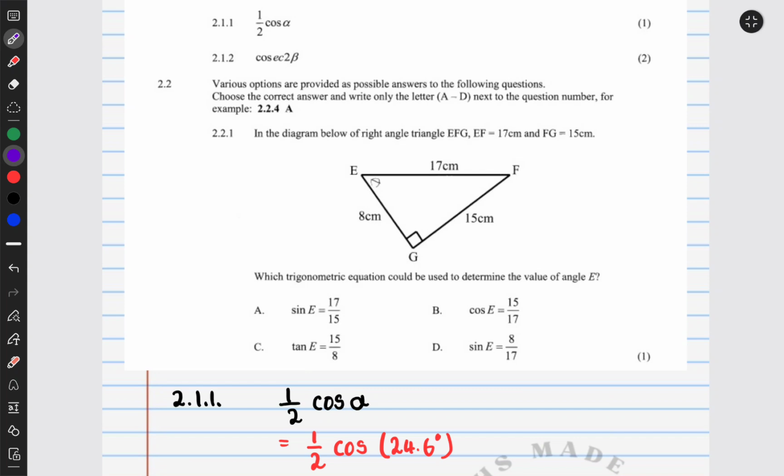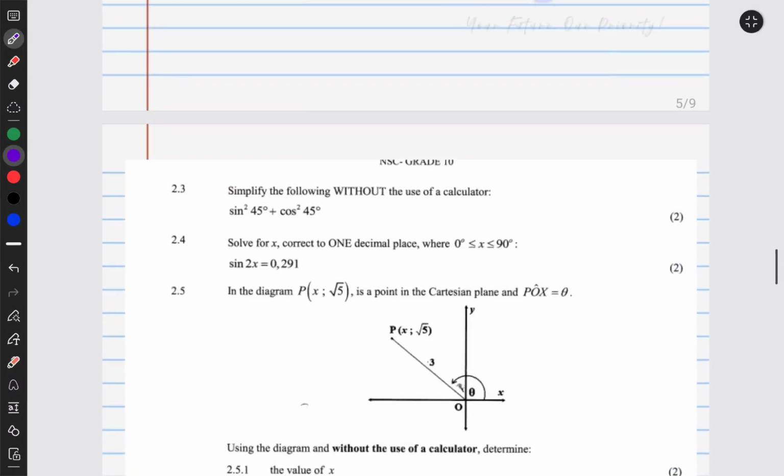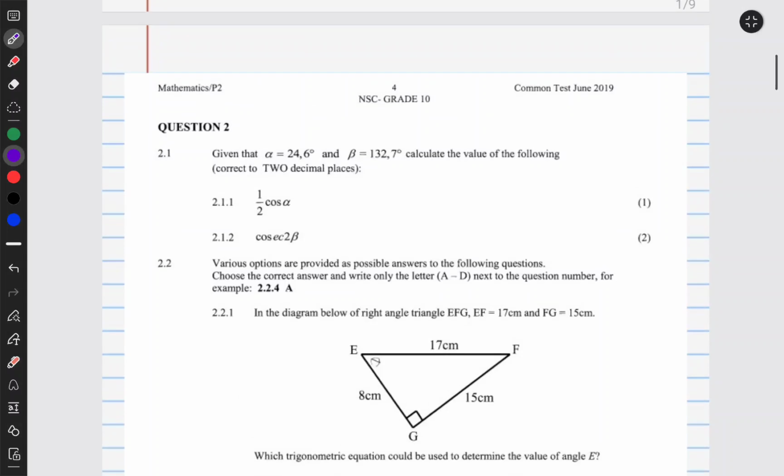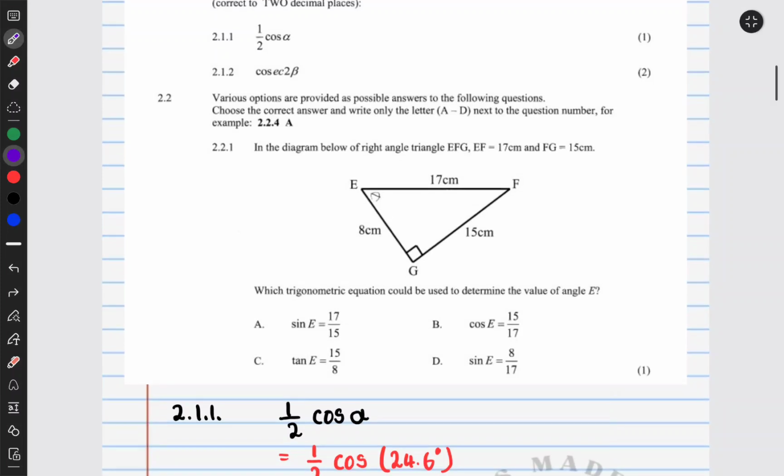For example, 2.2.4, A, that was the example. Okay, 2.2.1. For 2.2.1, we only have to write the correct answer.